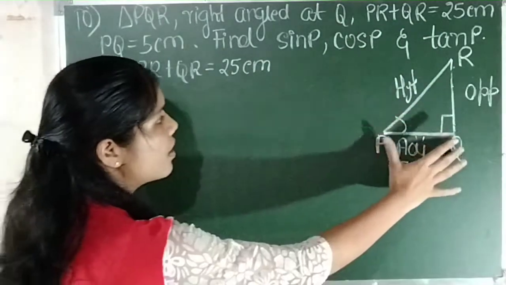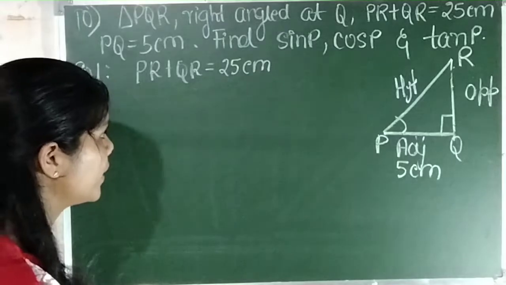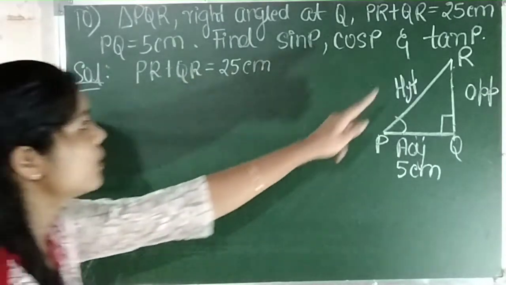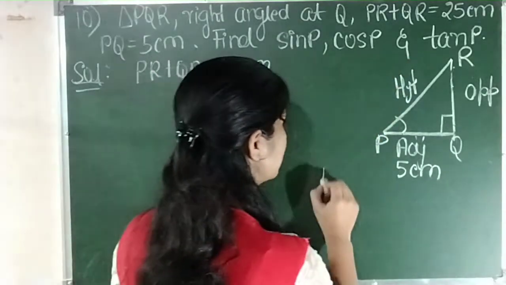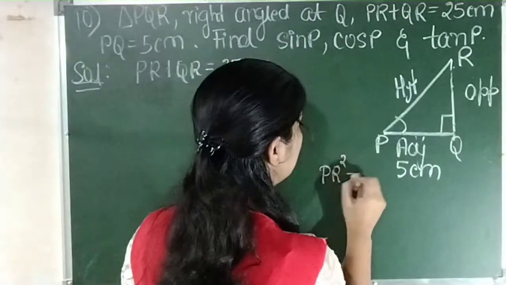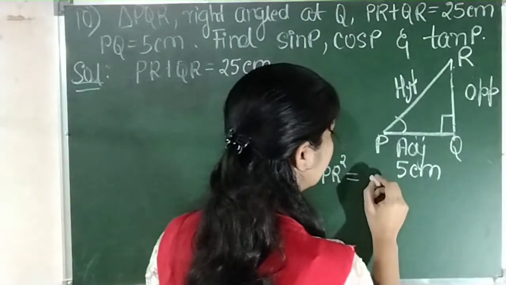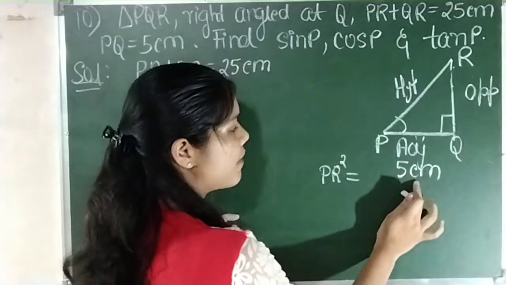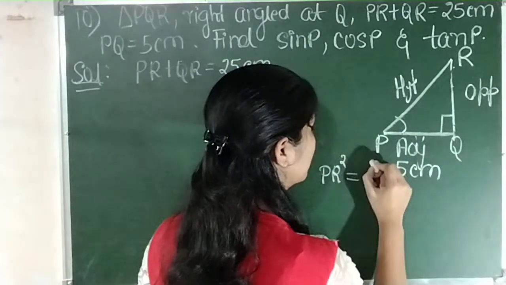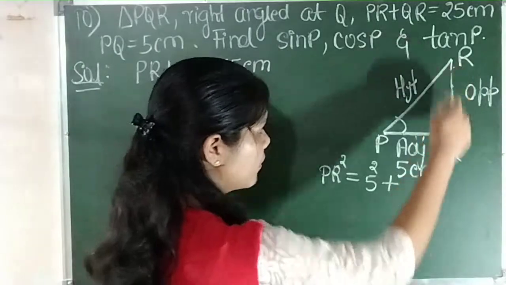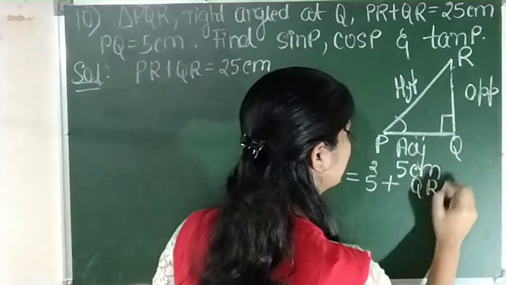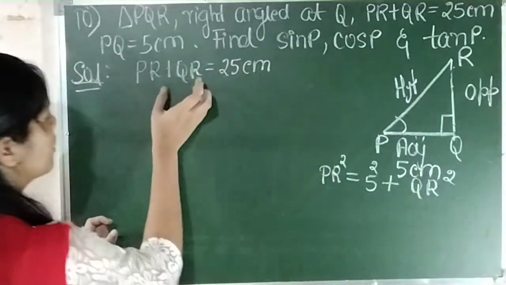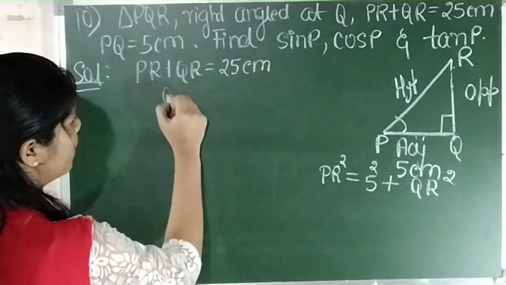So first draw a right angle triangle PQR. Now apply the Pythagoras theorem, that is PR square is equal to PQ square, PQ square is nothing but 5 square, plus QR square. Now just write the equation for QR.